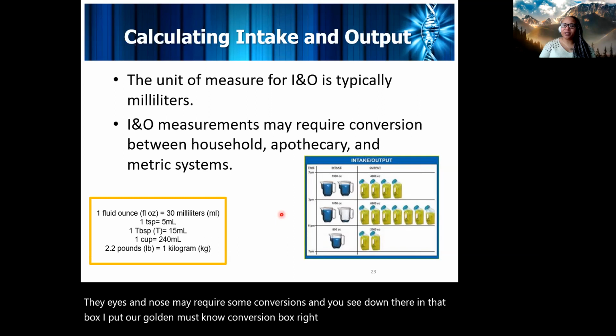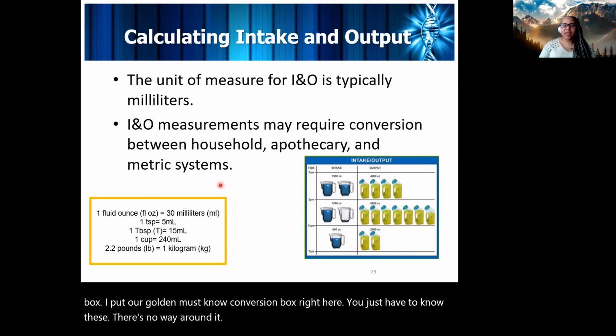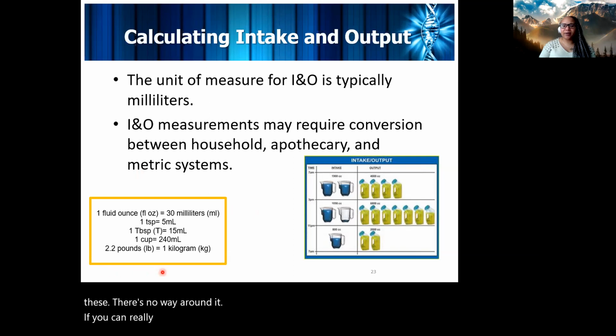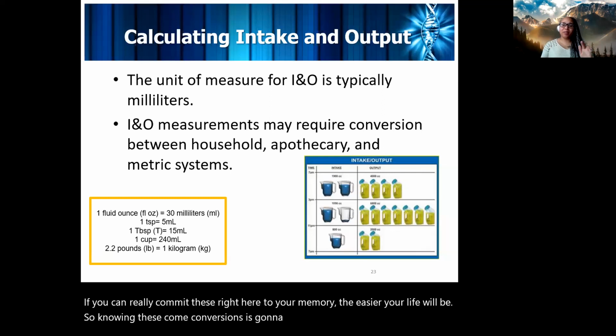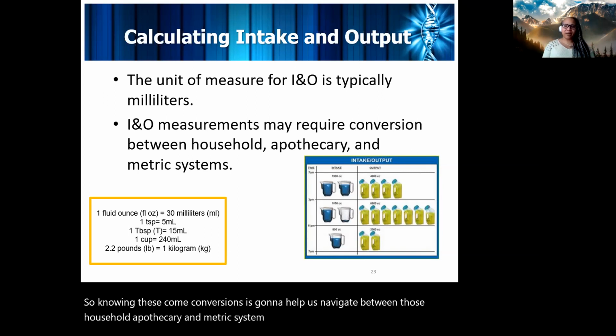You just have to know these. There's no way around it. If you can really commit these to your memory, the easier your life will be. So knowing these conversions is going to help us navigate between those household, apothecary, and metric system measurements better.